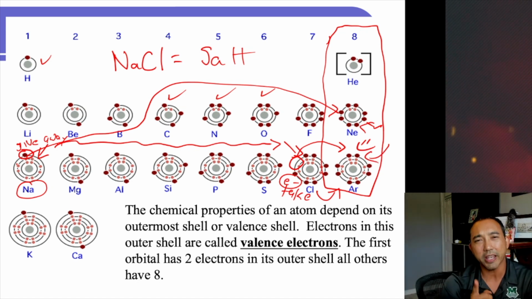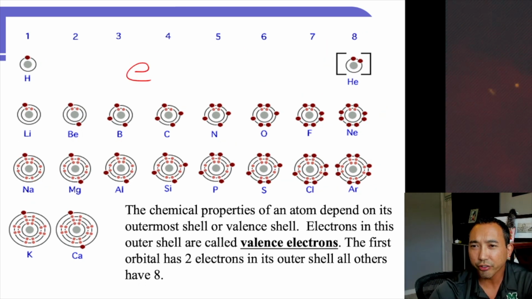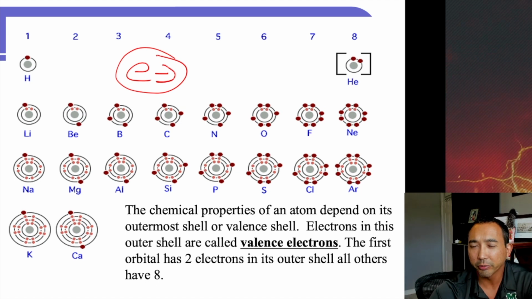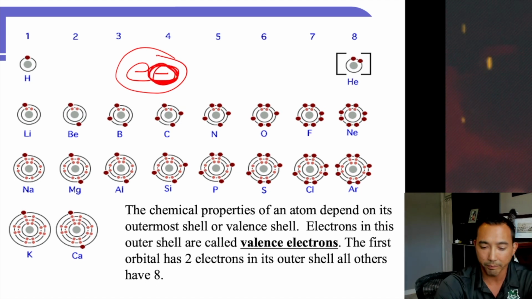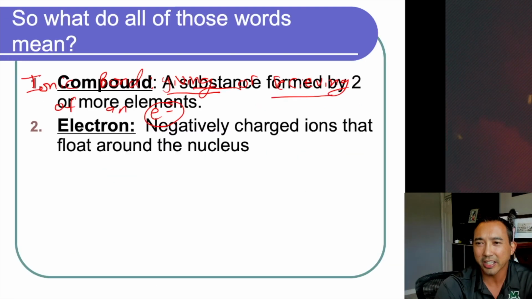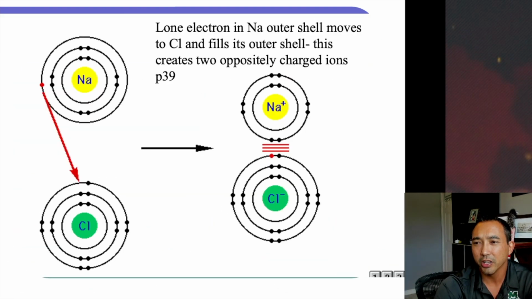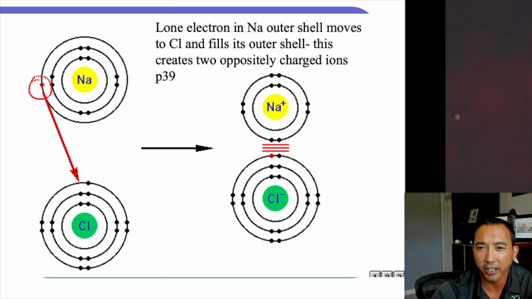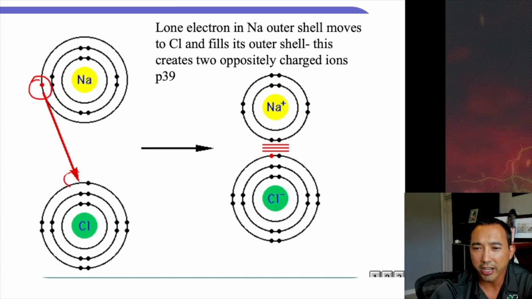However, something happens when they do that, because remember, and I'll erase the screen here, electrons have a negative charge. This is why I said it's very important. Because it is a negative charge, what happens? Well, here's the same picture again. I got an electron here, and I'm missing one.